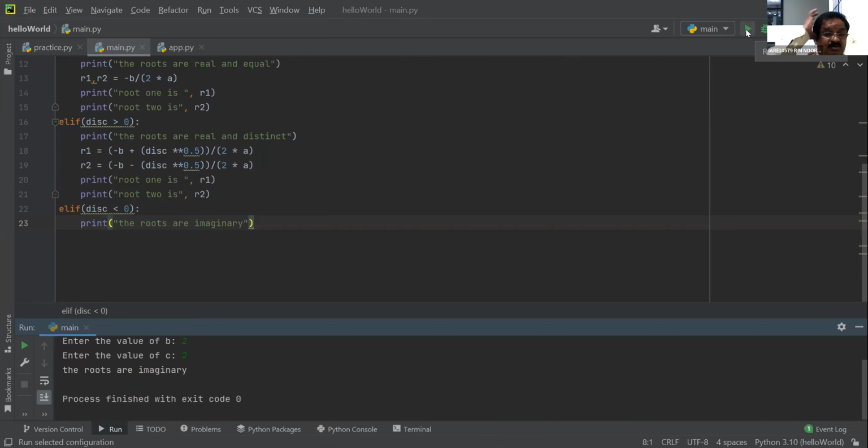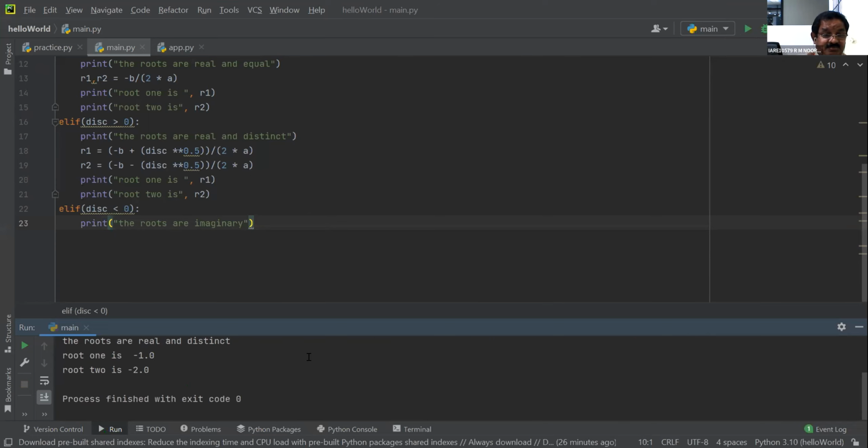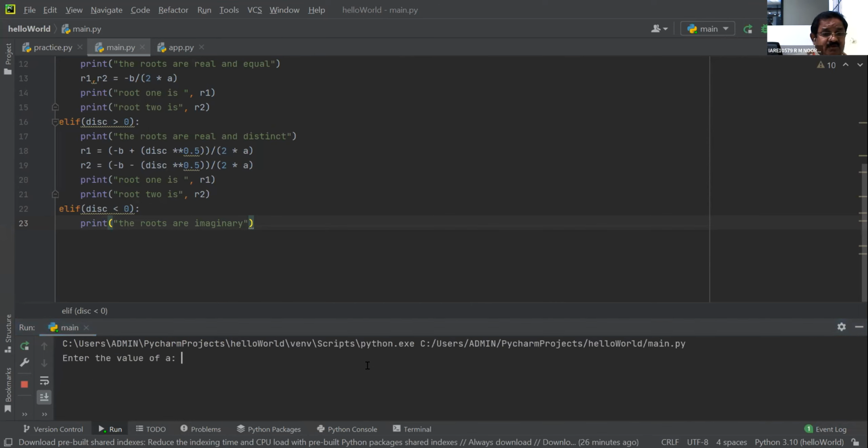Then for another, roots are real and distinct, such as -1, -2. Okay, right. Next, another condition. All three conditions you have to show. For equal roots, B square minus 4AC should equal 0.